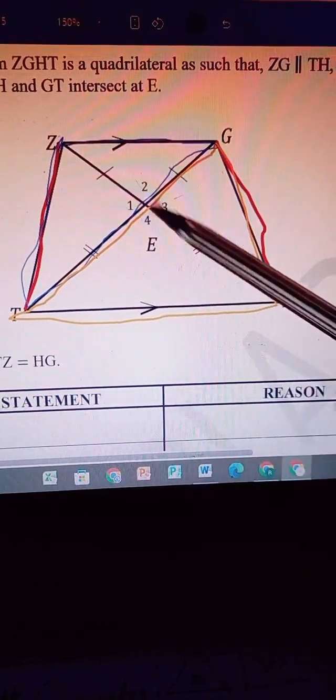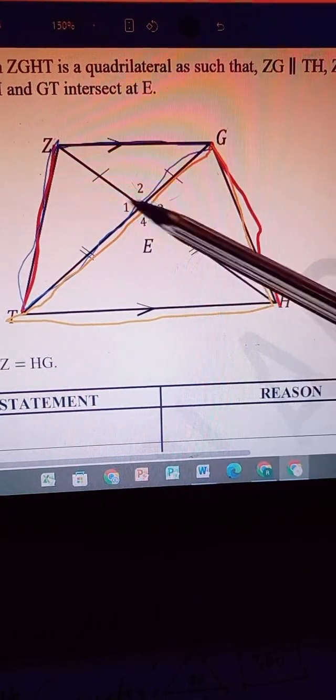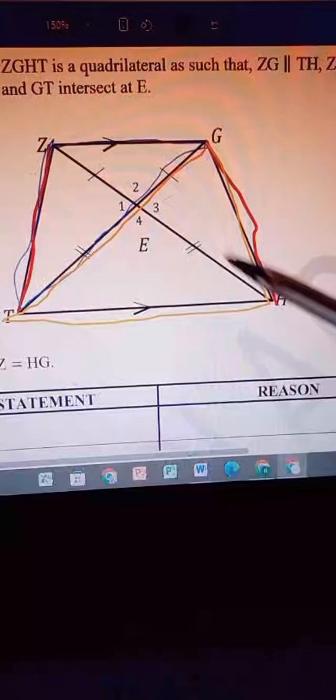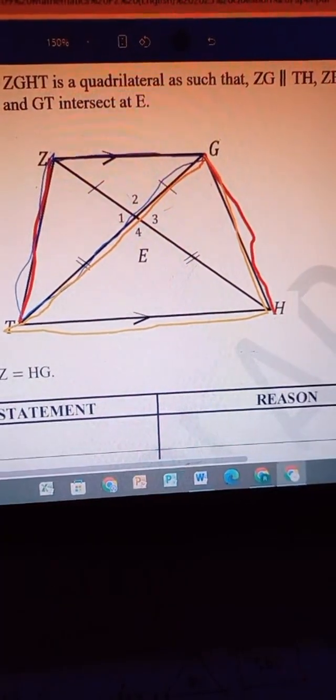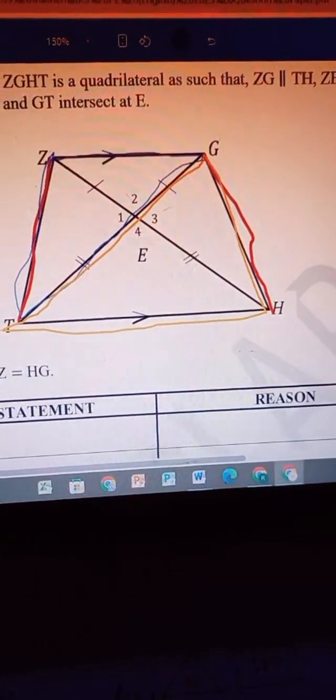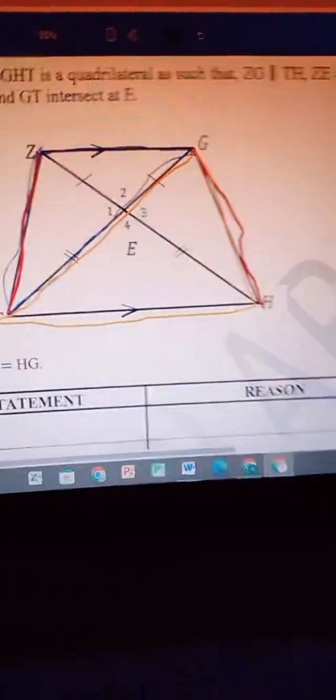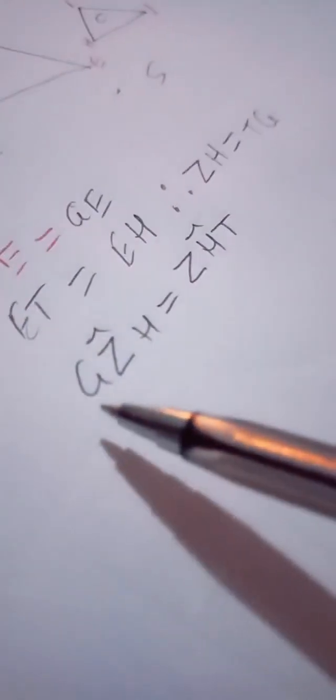Remember alternate angles, right? So angle GZH is equal to ZHT. The moment we know that, we have an angle in those two triangles which are equal to each other.